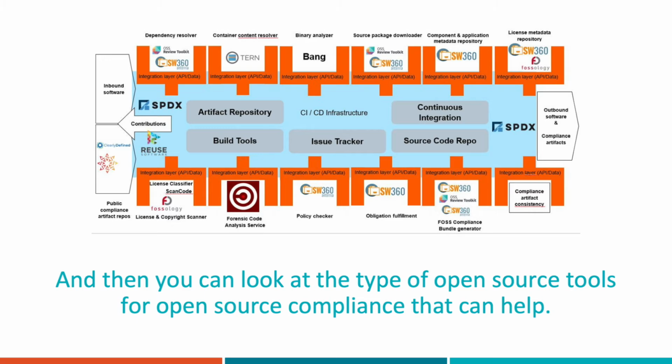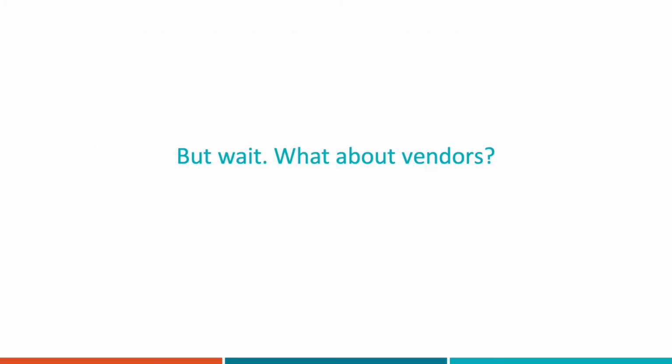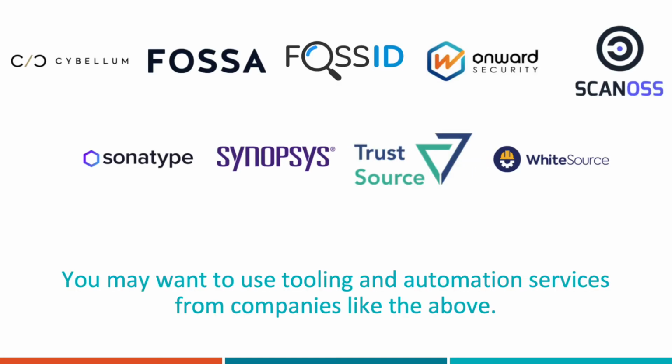Now, this is just an example to show you the type of open source tools for open source compliance that can help in the specific domain of developing software. Of course, that's not everything. What about vendor companies? You know, a lot of people are using tooling and automation services from companies like those above. This list of companies are companies that are inside the OpenChain ecosystem as vendor partner companies.